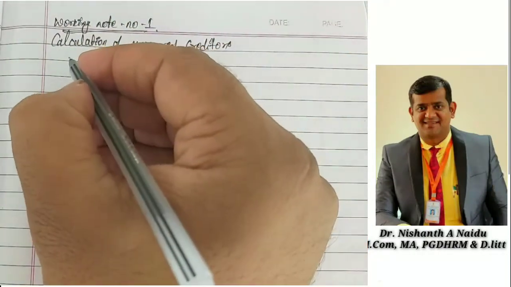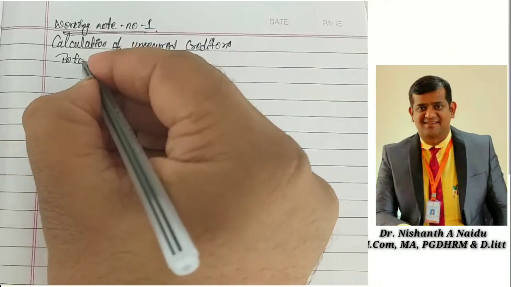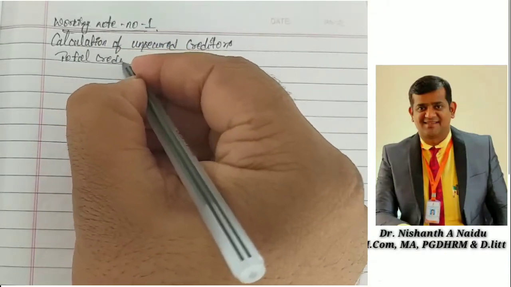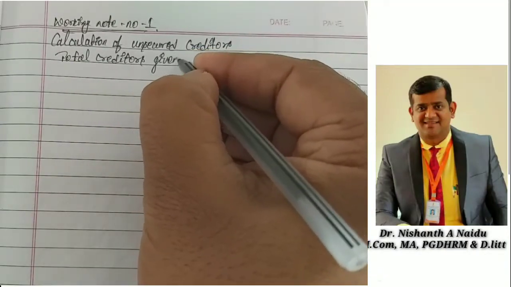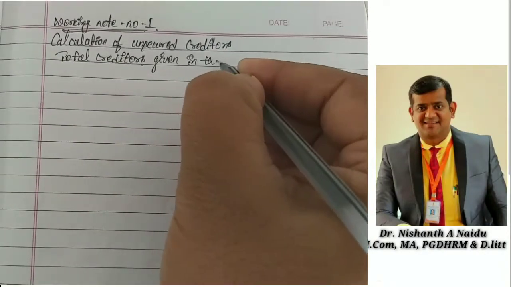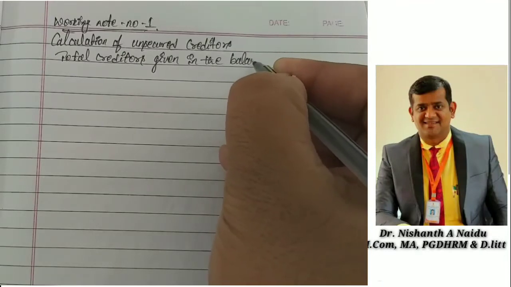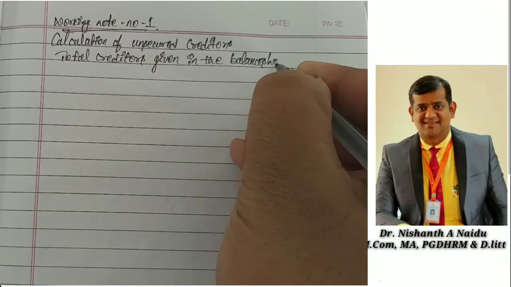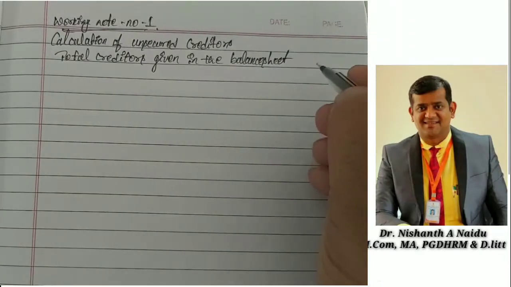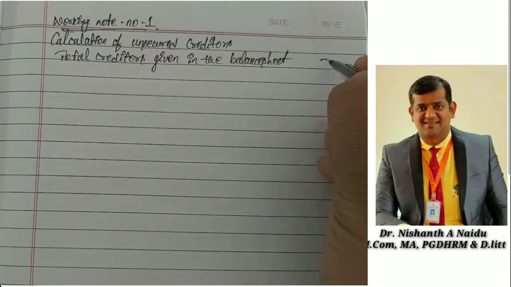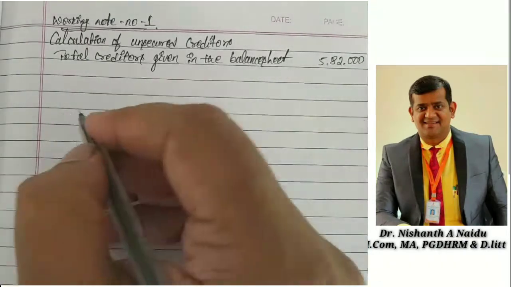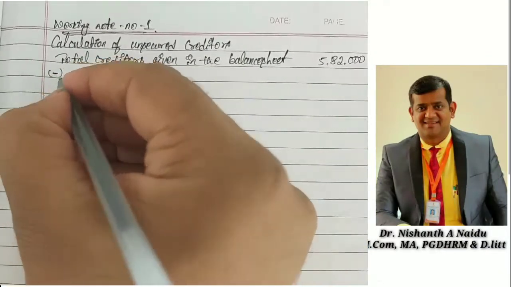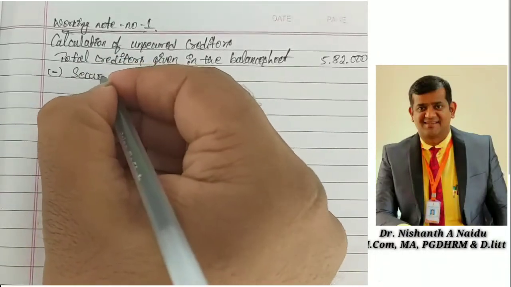Under that, total creditors given in the balance sheet. How much creditors has been given in the balance sheet? 5,82,000, less secured creditors.